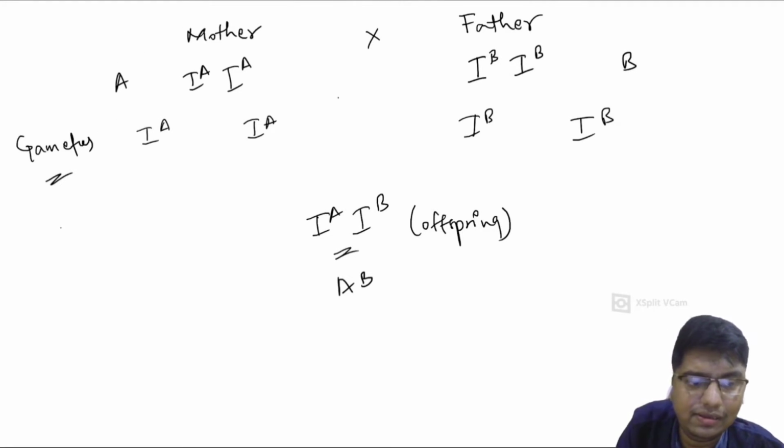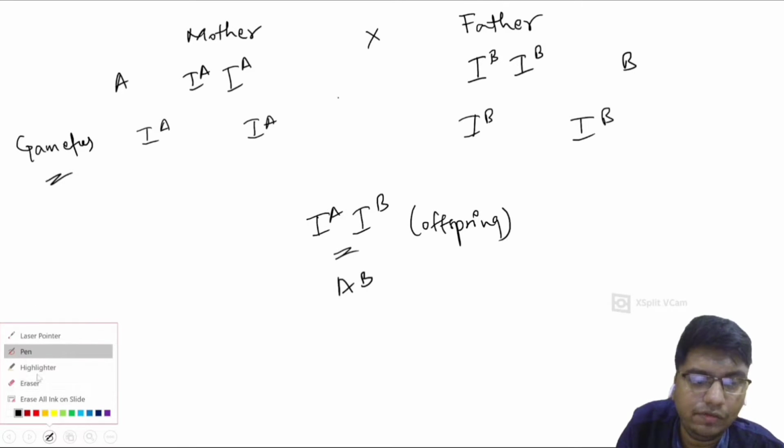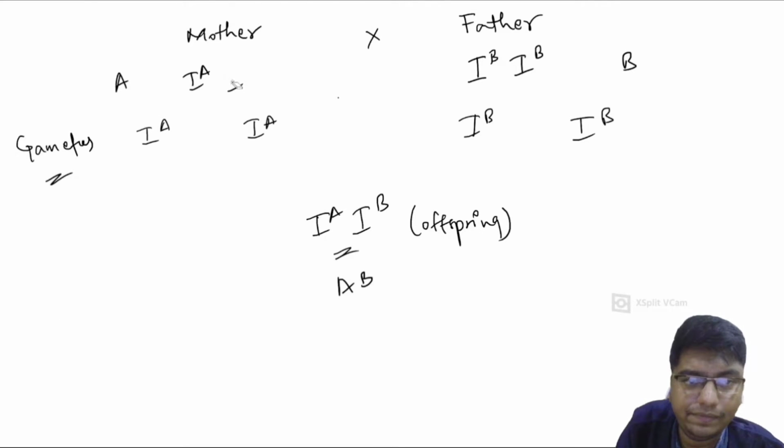Now we will see a little bit different thing. We know that A blood group can also be represented as IA, small i. If this is small i, then what will be the case?